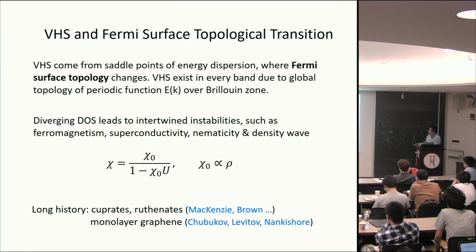But when the bare susceptibility diverges with the density of states, all these susceptibilities, like ferromagnetism, superconductivity, nematicity, density wave, all diverge. They all have logarithmic divergence. So this naturally leads to competing instabilities. This scenario has been studied quite a lot in different contexts, in the context of cuprates, ruthenates, monolayer graphene, etc.